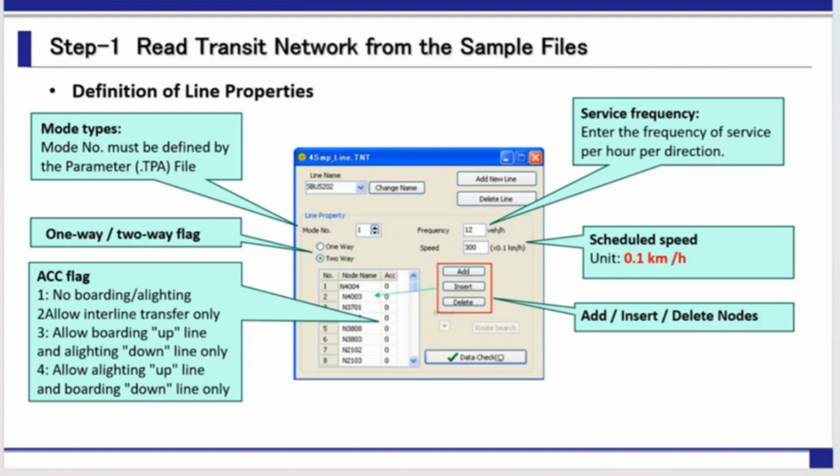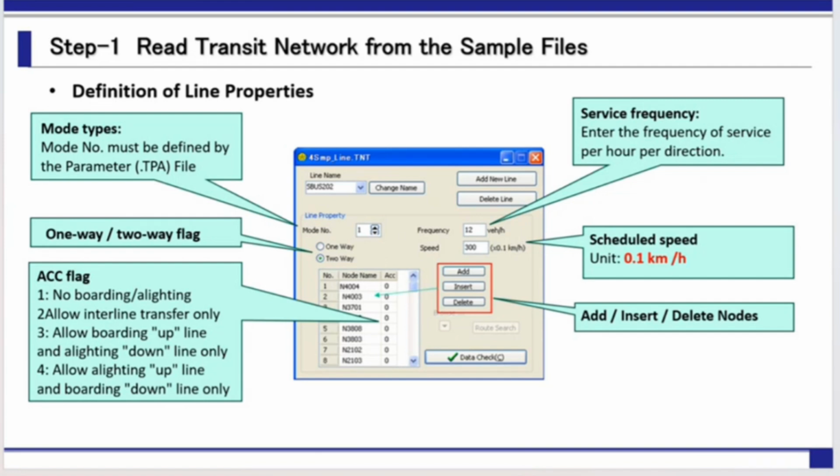This screen shows the user interface of the TNT files. This one shows the list of public transport routes which are available in the target area. Then the mode number, which is later defined by the parameter files.